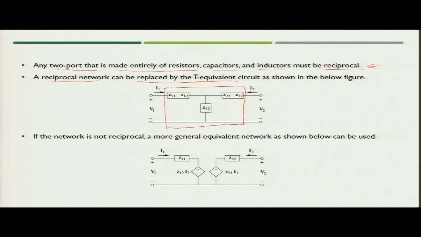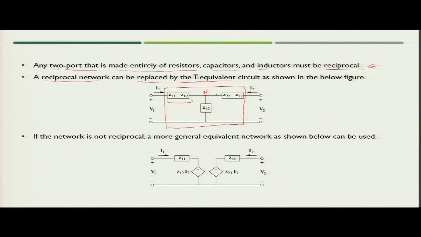Now, what would be the values of the T equivalent circuit parameters? On the left side there will be Z11 minus Z12, that is the first leg of the T. Then on the right there is Z22 minus Z12, that is the right leg of the T, and then the branch Z12 connects the node at the center and the reference node.